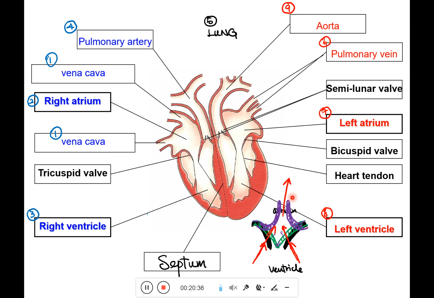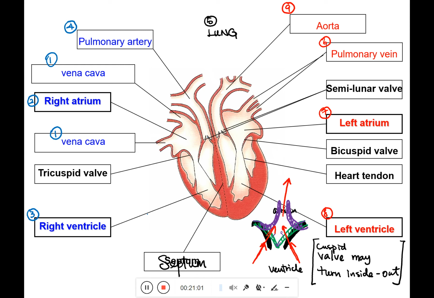Now it flaps like this, so it becomes the outside there. So we say the valve is turned inside out. Again, this won't happen in other valves. This will only happen in the cuspid valve because they have to face such a great pressure from the ventricle.